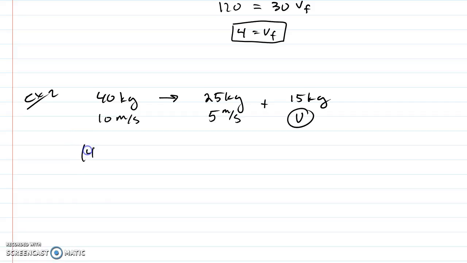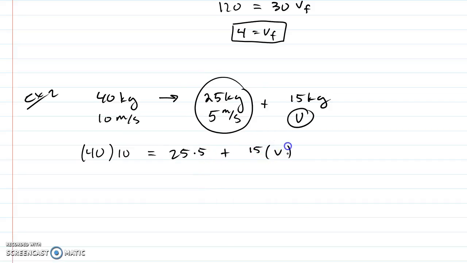We would have 40 total kilograms times 10. And on the right side, the momentum of this chunk would be 25 times 5, and then plus 15 times the velocity here. So, on the left side, we have a momentum of 400. We have 5 times 25, which is 125, plus 15v.